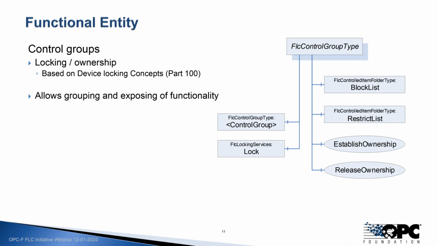I can restrict access. I can also block access. Restrict access says that I can lock certain variables or inputs so that only a specific user can make changes to them. Blocking means that I can lock certain things to a fixed setting. So I can take, for example, configuration parameters and lock them to a particular setting.